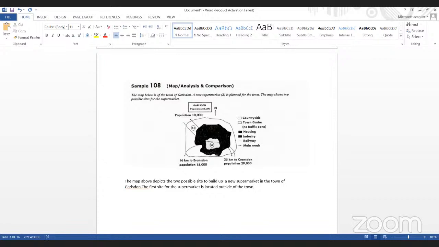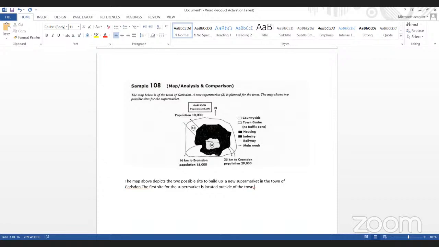Outside the town. All right. And now we need to understand that it is near to the main road, right? It is near to the main road.